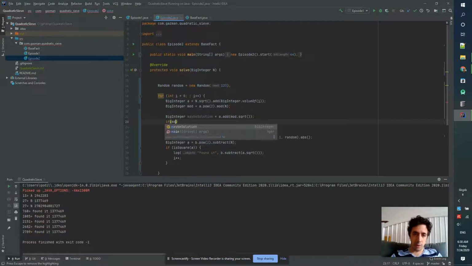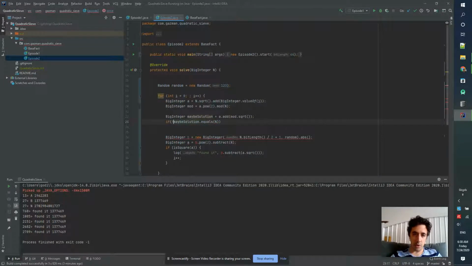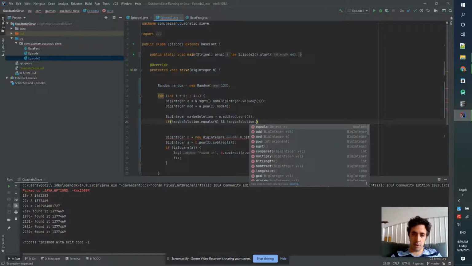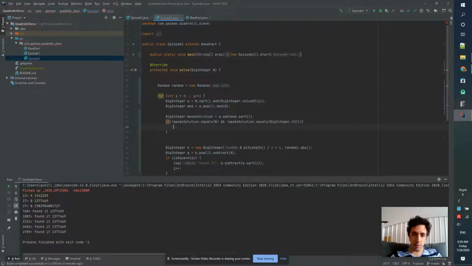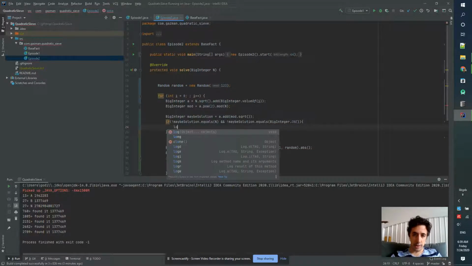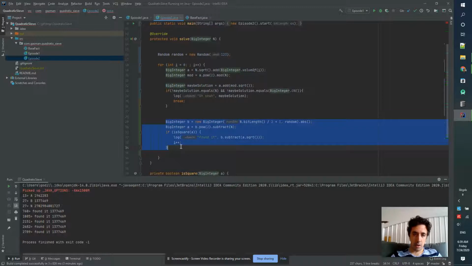It can also be equal to n, in which case we don't want it. And we also don't want solution equals 1. If it's none of those above, then we log it: maybe solution, and break. Remove the old code.